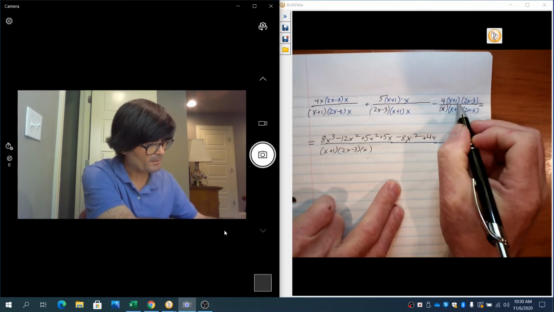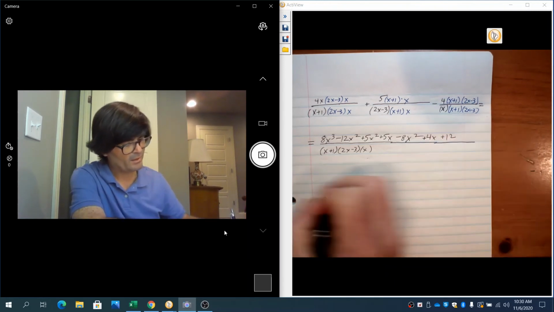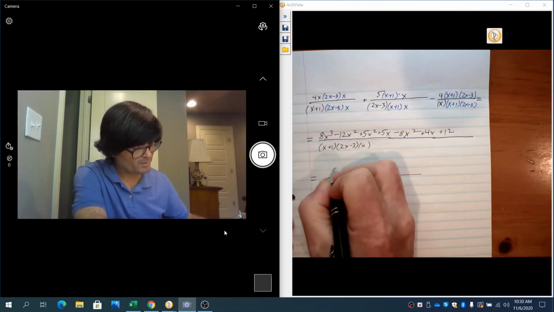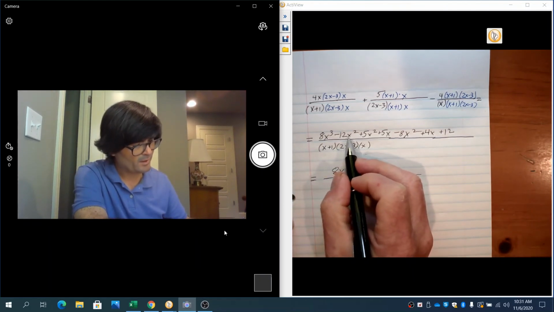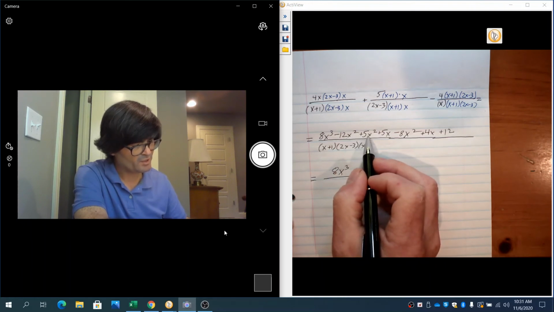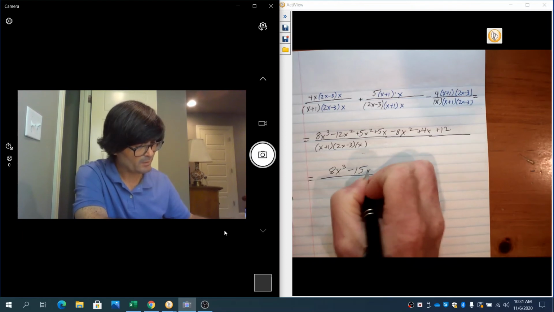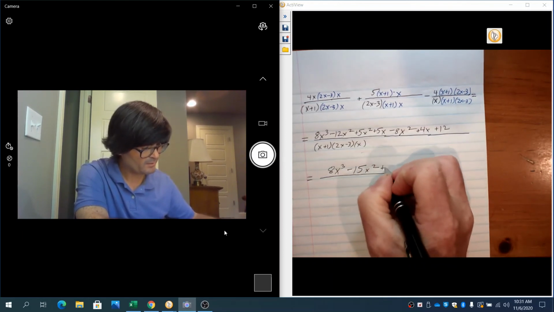And then negative 3 times 1 is negative 3 times minus 4 would be a plus 12. So we're going to add all that up now. 8x cubed on top, minus 12x squared plus 5 is negative 7x squared, and then minus 8 is minus 15x squared. And then we've got 5x and 4x makes 9x.